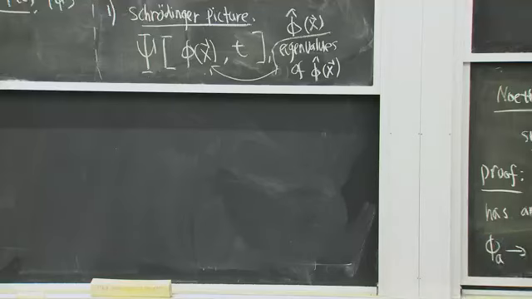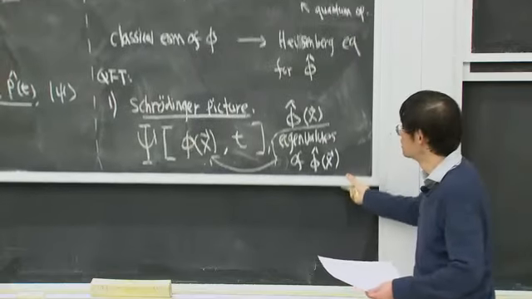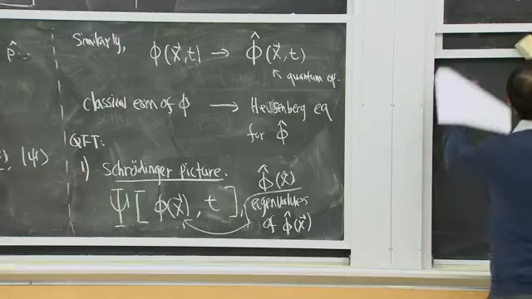And in the Heisenberg picture, you forget about the wave function, and you look at the evolution of operators.